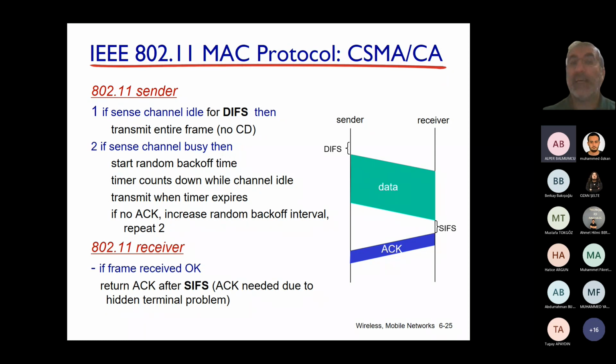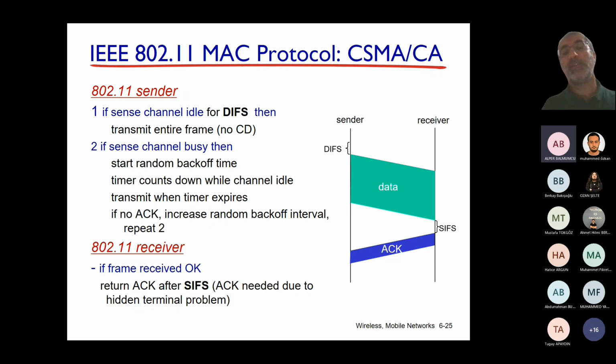If the channel that we sense is busy, then we need to wait. So we start the random backoff time, and the timer counts down while the channel is idle. Once the timer has expired, we transmit our packets.